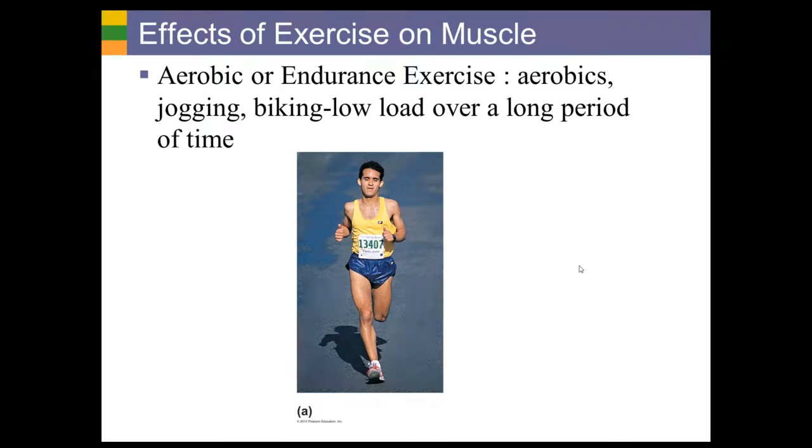So in other words, aerobic respiration. So if you push your muscles to the limits of how quickly they can produce ATP, how are they going to respond? Well, they're going to change in ways that will allow them to more efficiently produce ATP.